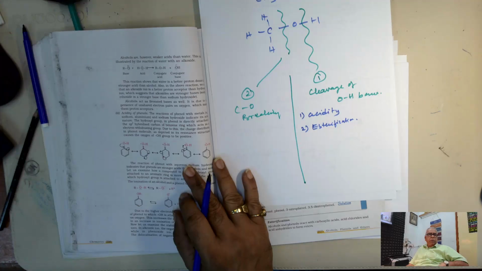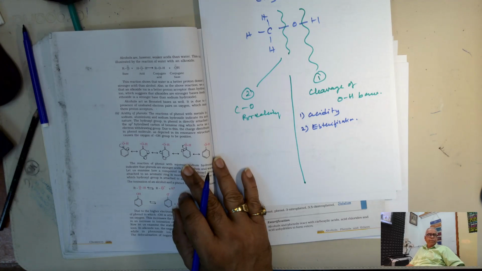In neutralization, in inorganic chemistry, we discuss that an acid combines with a base to give salt and water. Similarly, you have an acid here, for example acetic acid, which is a weak acid, and a similar base that has OH, that is alcohol. So they combine to form what?